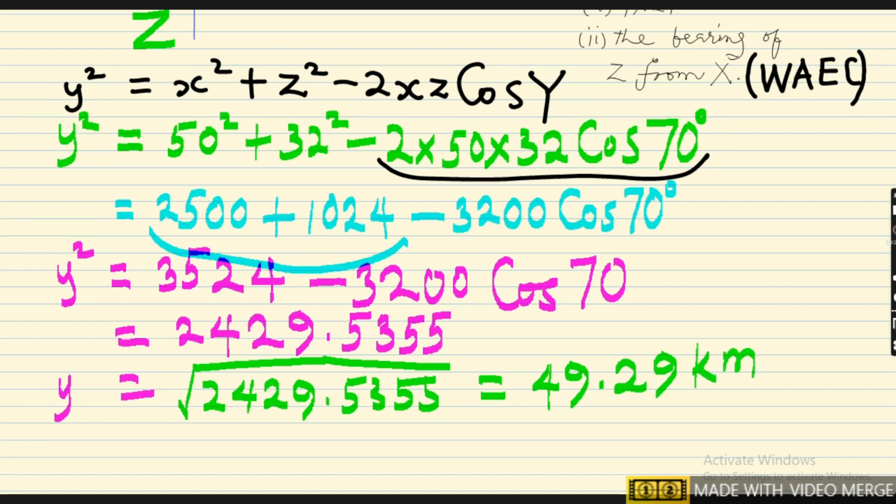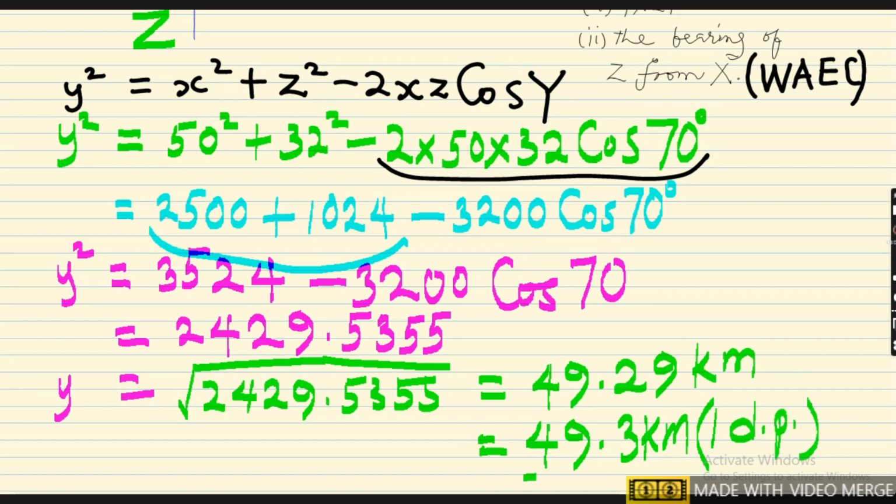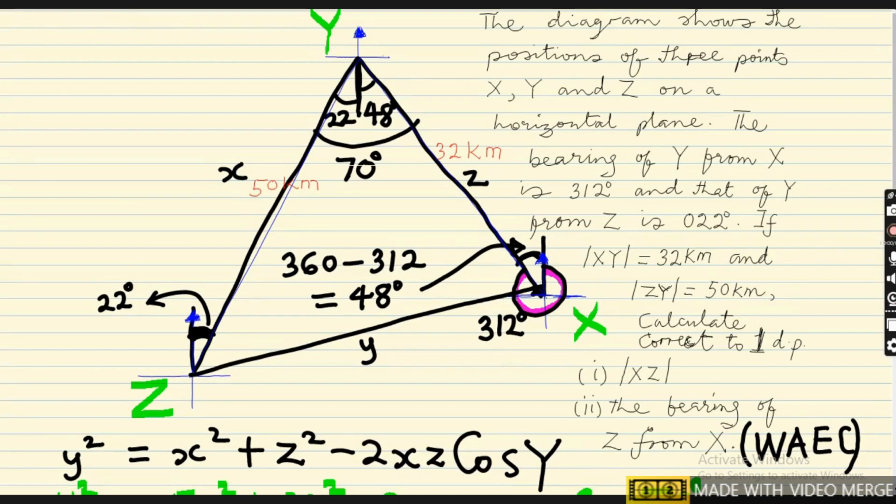But we have been told to round to one decimal place. So to one decimal place you can simply have 49.3 kilometers. Always write the degree of accuracy, 1 dp. That's a beautiful one there. Let's see the second part of the question. The second part says we should calculate the bearing of z from x.